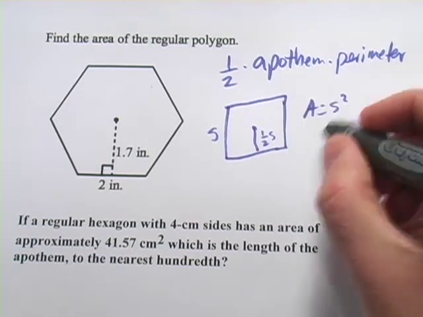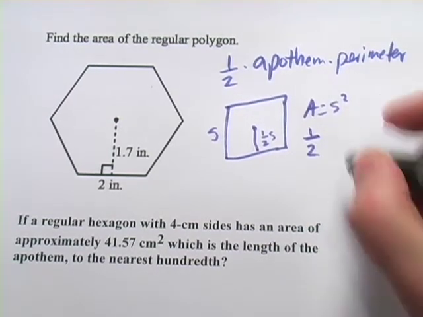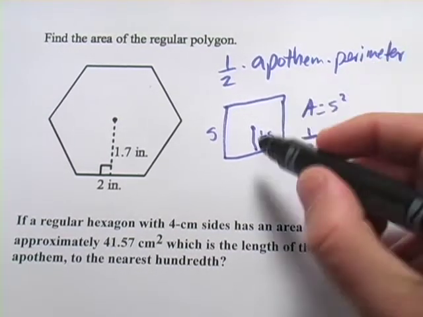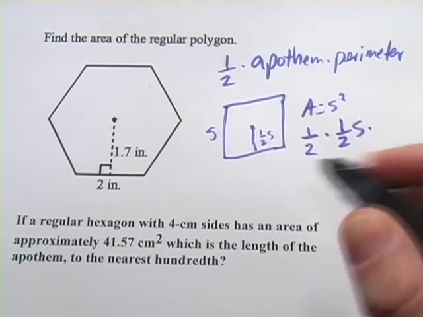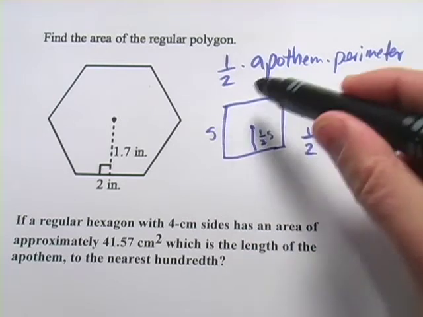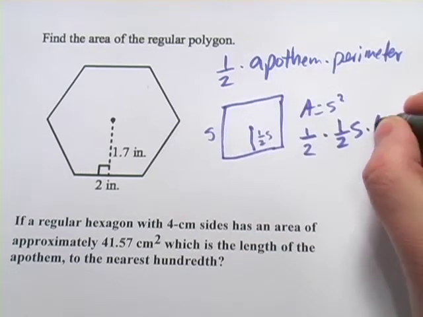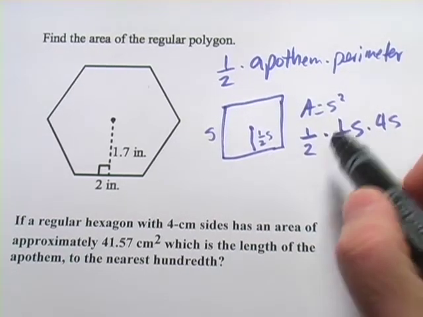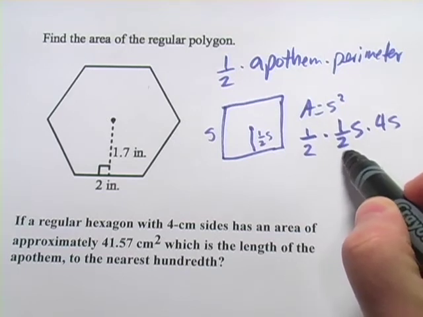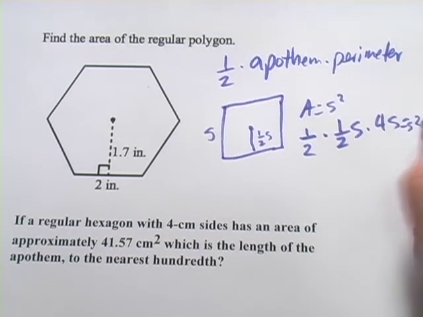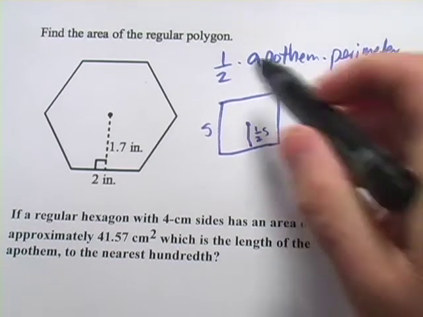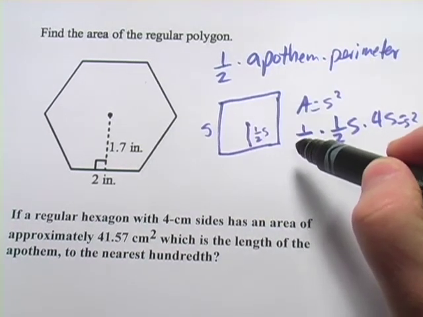And if we use this formula, it's 1/2 times the apothem, which is 1/2 times s, times the perimeter, and the perimeter is s plus s plus s plus s, or 4s. And if you put all these together, 1/2 times 1/2 is 1/4 times 4 is 1. That just leaves s times s. That equals s squared. So we can see this formula is working for the area of a square.